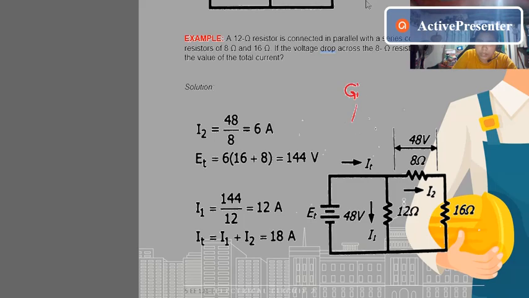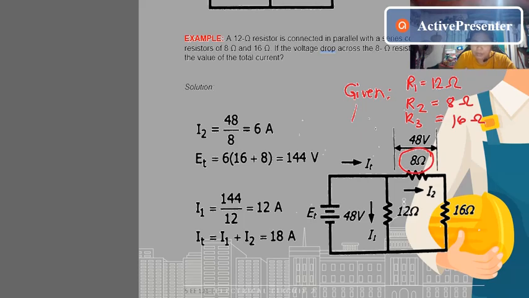So we have our given. Naghatag siya og 12 ohm resistor. So we have our R1 is 12 ohms, and our R2 and R3, so 8 ohms and 16 ohms. But giingon dire ang voltage drop across sa 8 ohms is 48 volts.